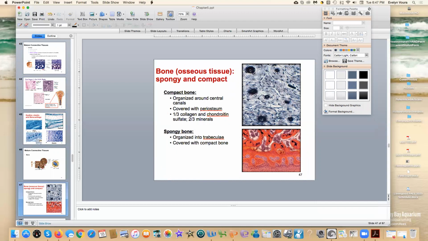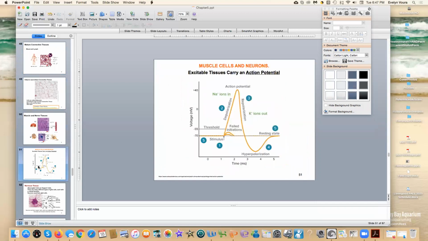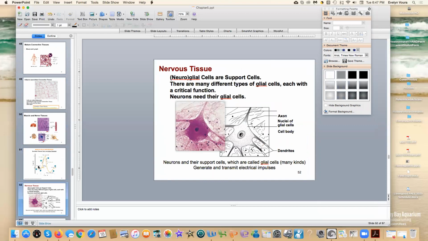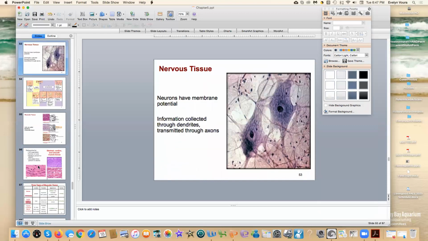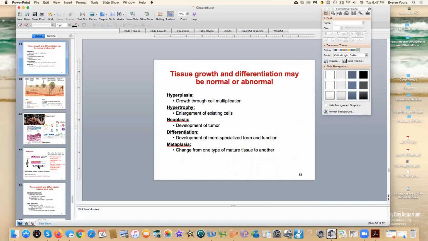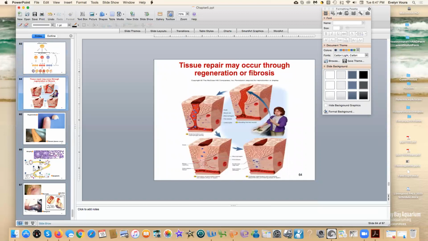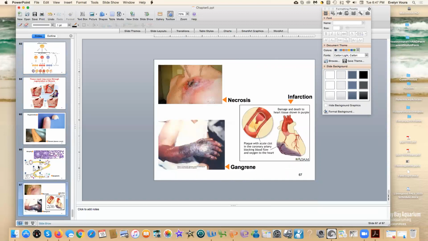And then we had the bone, and that was okay, I thought. And then adipose, muscle, I was okay with that. Muscle. Okay, I think that's okay now. All right, so hopefully that will help you and you don't get completely discombobulated.